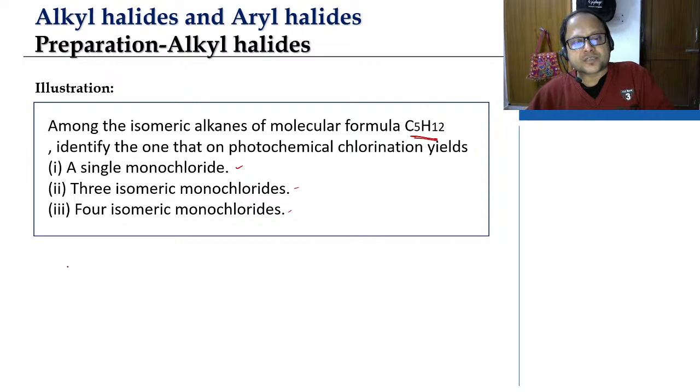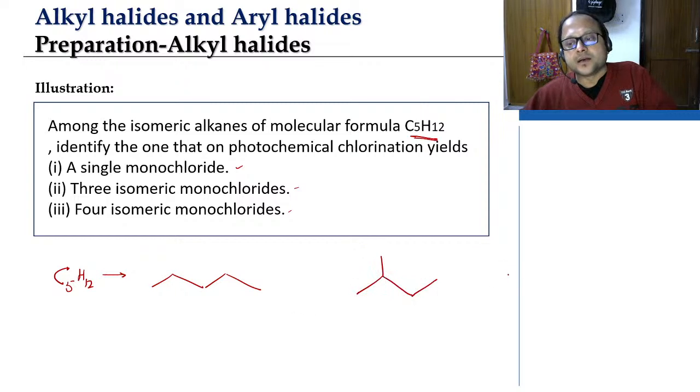Now when you say C5H12, think about the isomers that you can have. One is a straight chain one, n-pentane. Then you also can have 2-methylbutane, and third you can also have 2,2-dimethylpropane.